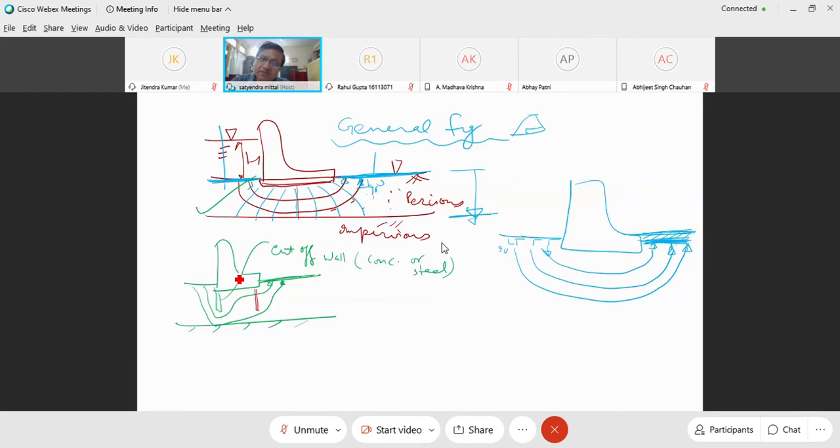Sometimes in some structures people have also provided the cutoff wall in the center. Although this is a very good solution, the only thing is that it involves some cost, because if you want to provide a cutoff wall, you have to dig this much of ground, then RCC work, cement, concrete and all that.